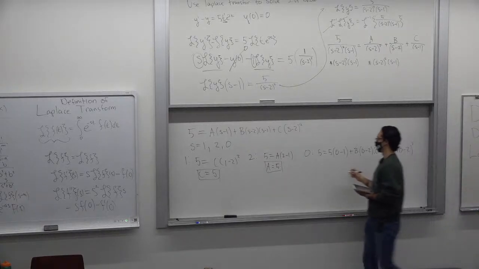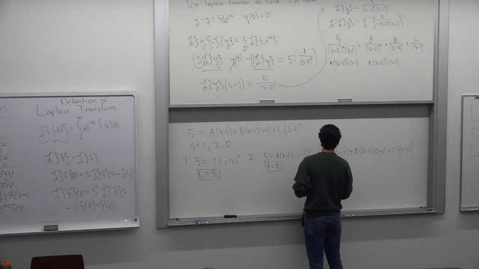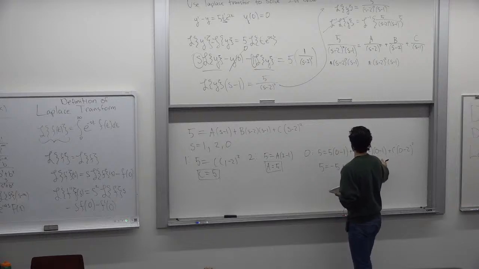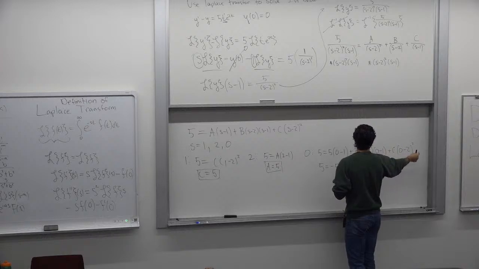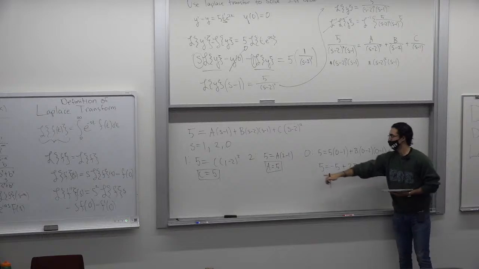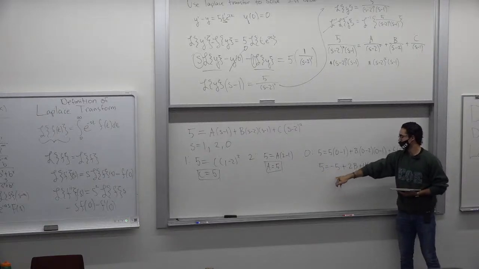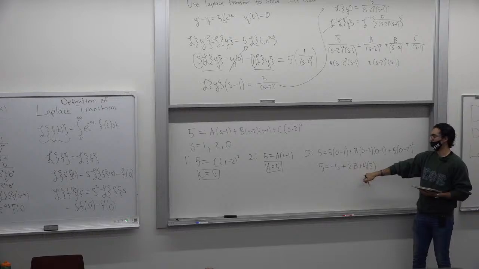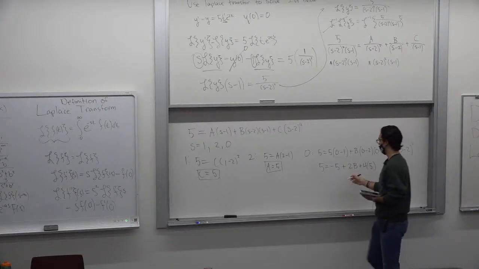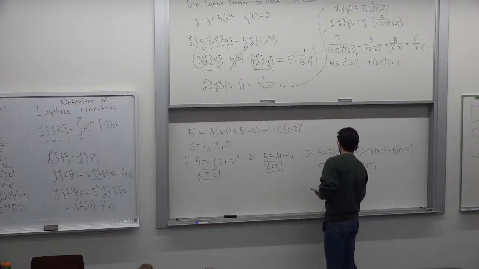If we put all this together, 5 equals negative 5 plus negative 2 times negative 1, which is positive 2, plus 2B plus 4 times 5. 5 plus 5 minus 20 is negative 10. Negative 10 divided by 2 is negative 5. B equals negative 5.